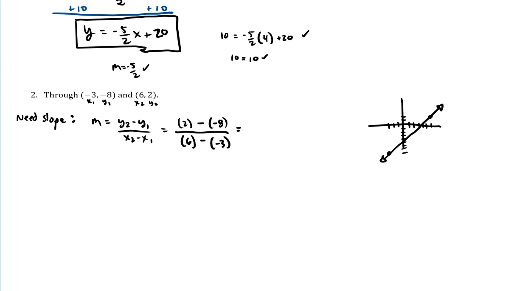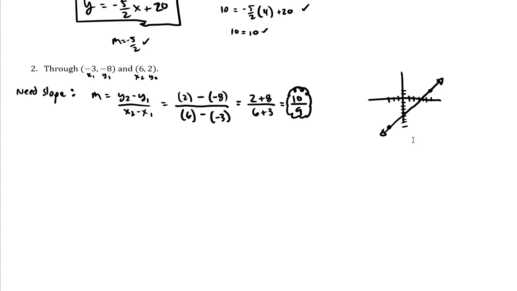And we would have 2 minus -8 is 2 plus 8, really. And then 6 minus -3 is really 6 plus 3. So 2 plus 8 is 10. 6 plus 3 is 9. Okay, so that's our slope. I'm just kind of clouding it because it's not our final answer.